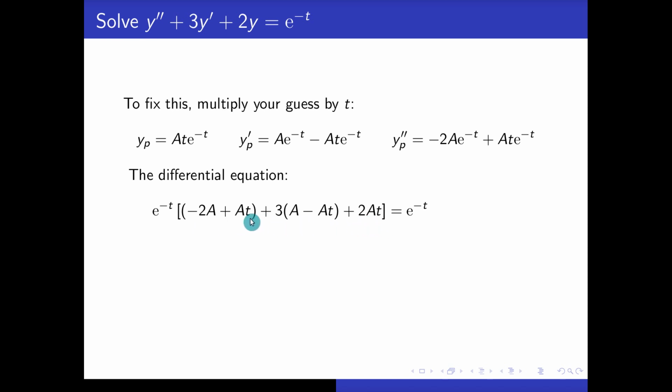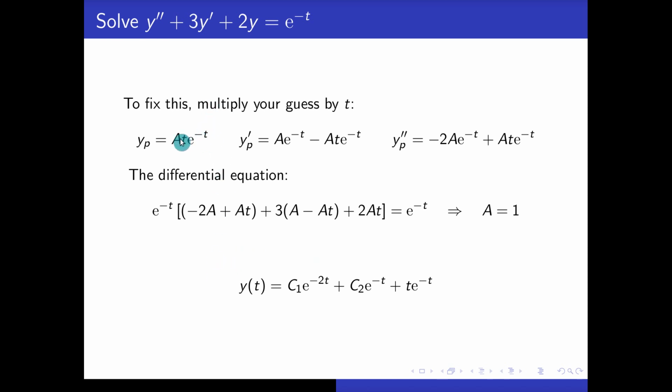It looks like the AT terms do cancel out. We have an AT there, plus 2AT there, minus 3AT there. So the AT terms cancel out, and you are just left with the A terms. If you solve for those, we get that A equals 1. Good. And so then here's our full solution for the differential equation.